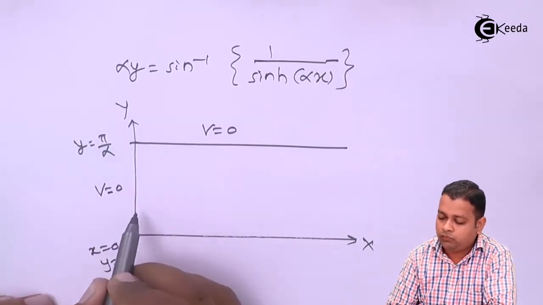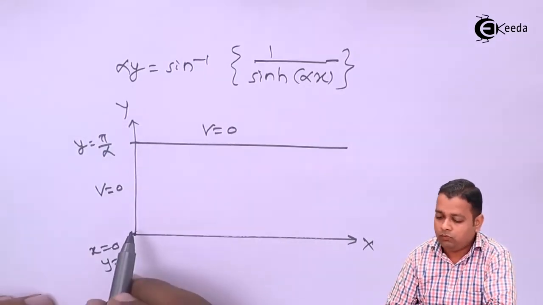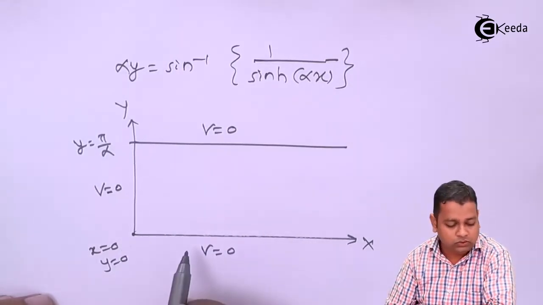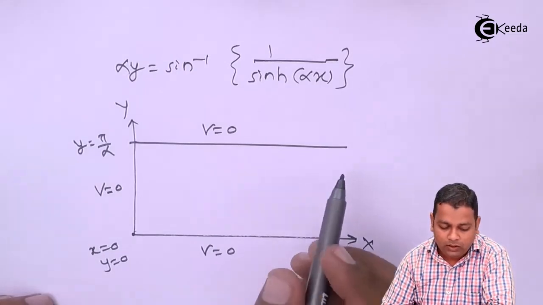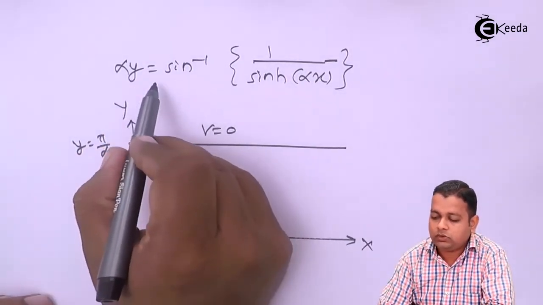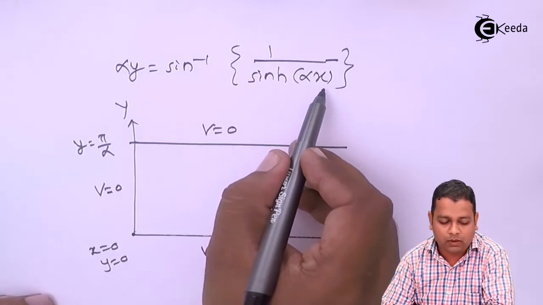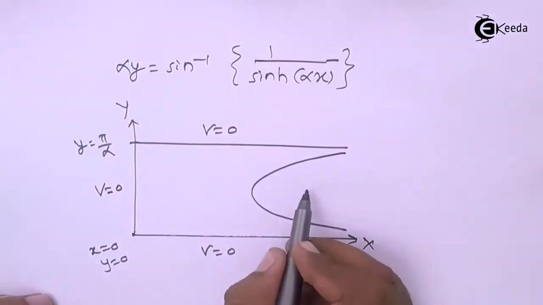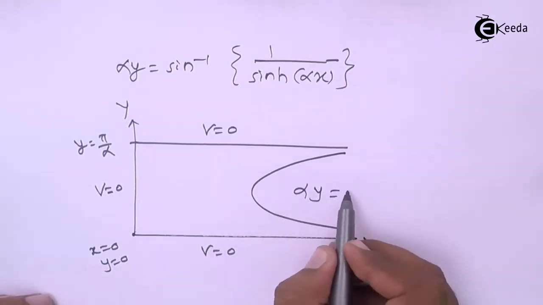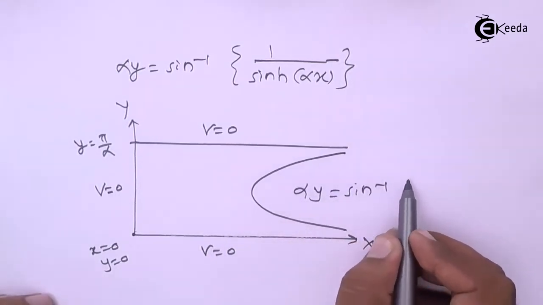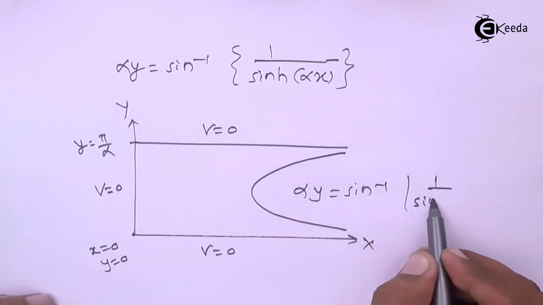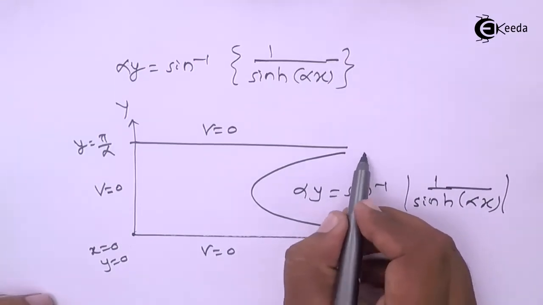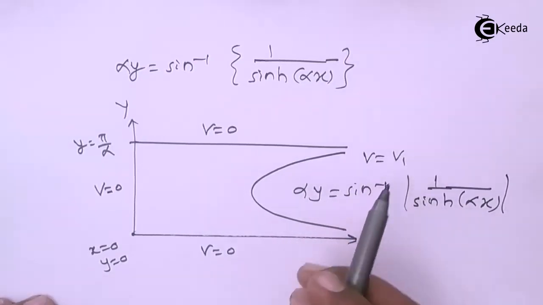V will be equal to 0 if we put Y equal to 0 for all X. Similarly, V equal to 0 where we put X is equal to 0 for all Y. And with the condition alpha Y is equal to sine inverse 1 upon sin h alpha X, we obtain such a type of curve. Here I can write alpha Y will be equal to sine inverse 1 upon sin h alpha X. So here the condition is V is equal to capital V1.